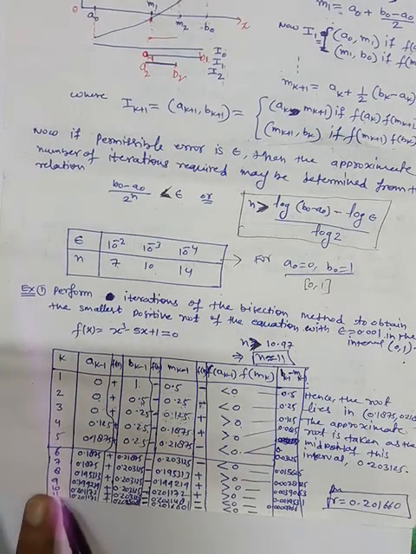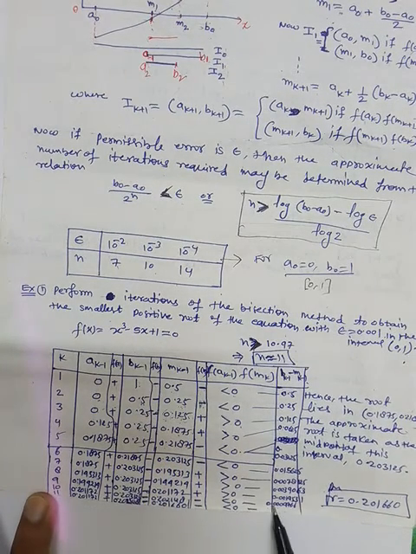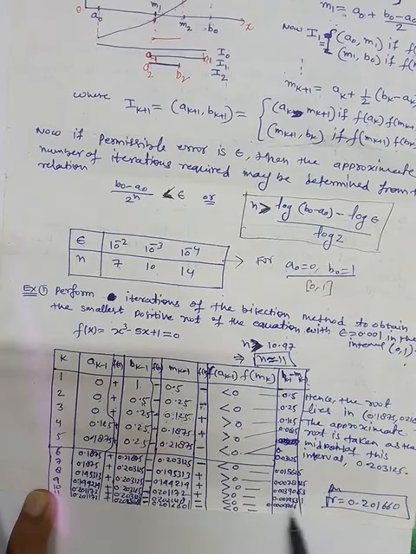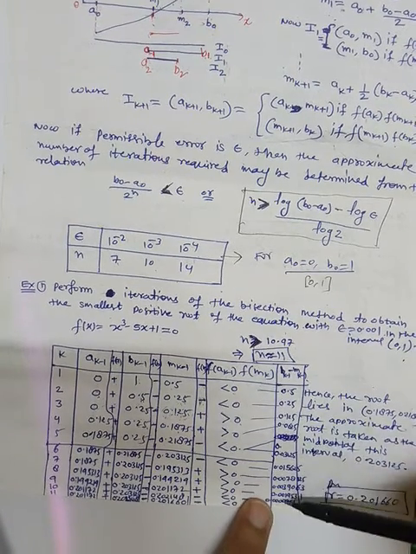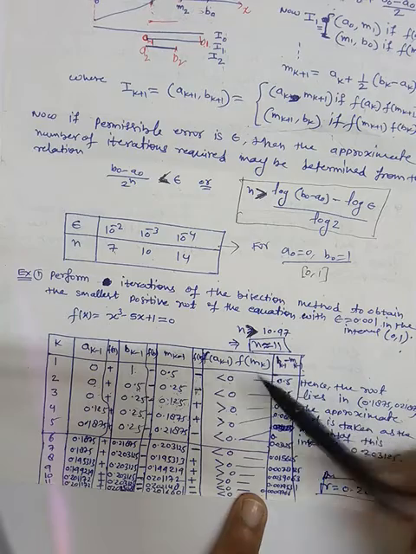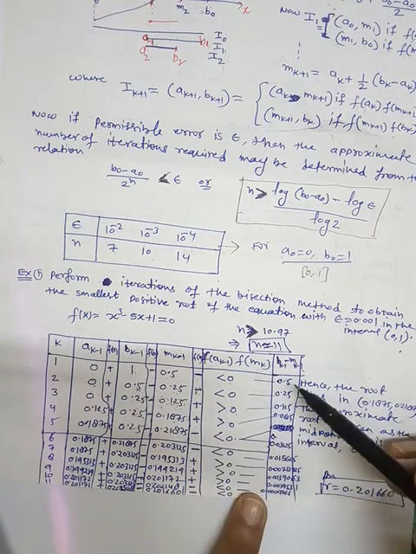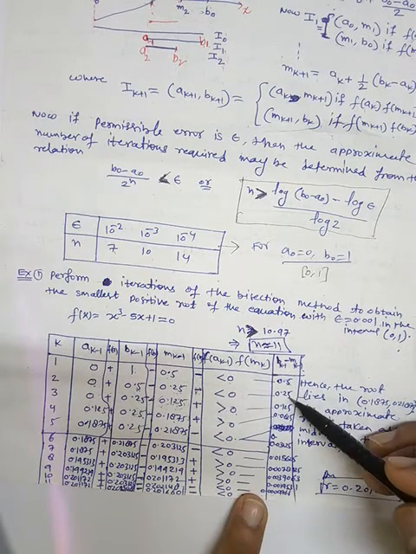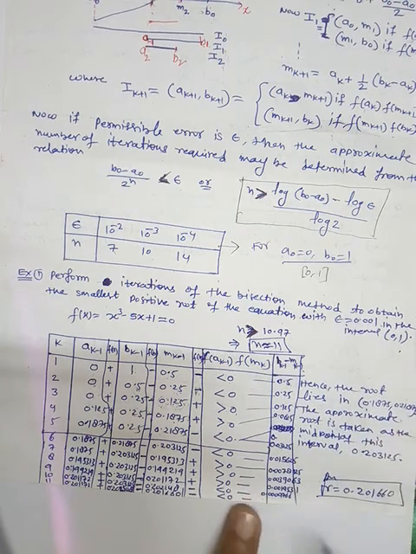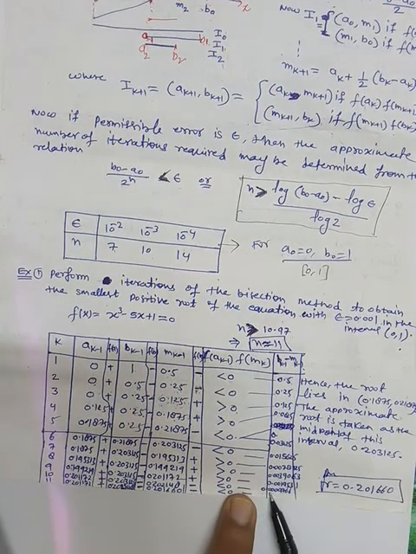So after 10 iterations we are getting this. This is the midpoint, this is the interval. You will see the interval is continuously shrinking. Initially the interval is 1. After one iteration 0.5 is the length of the next interval. After the second iteration we have 0.25, and slowly after the 10th iteration the interval is 0.00096766.